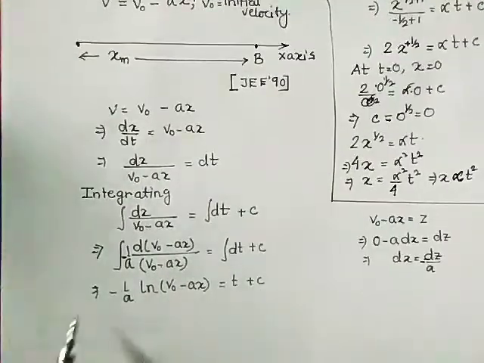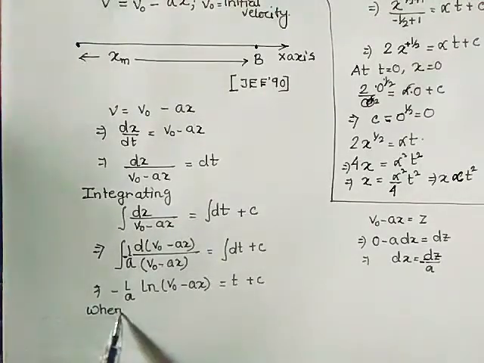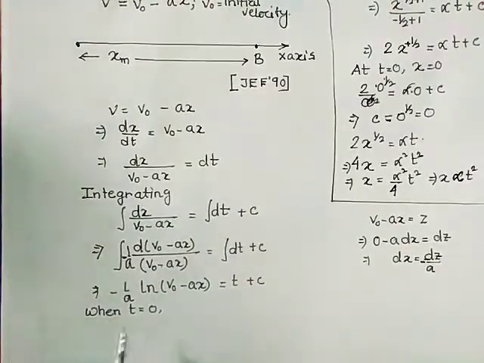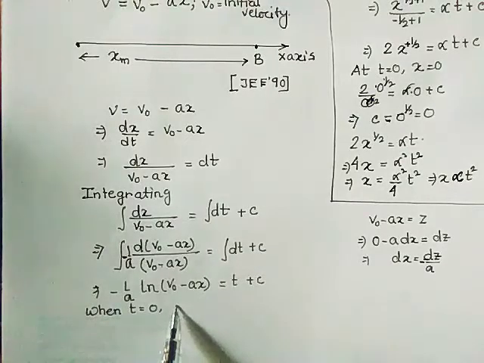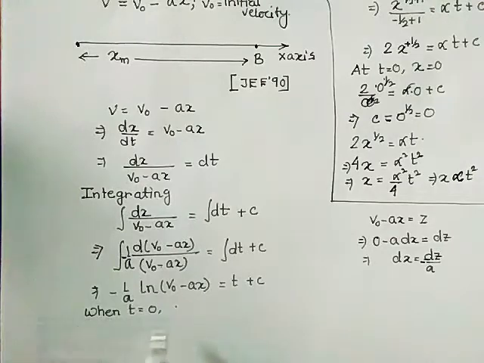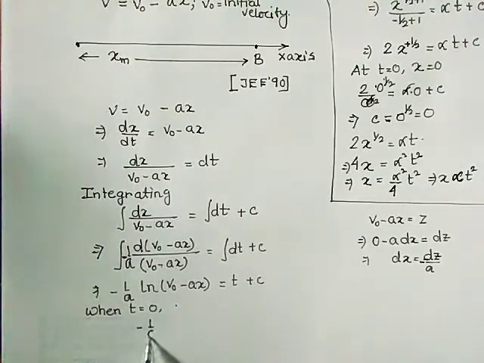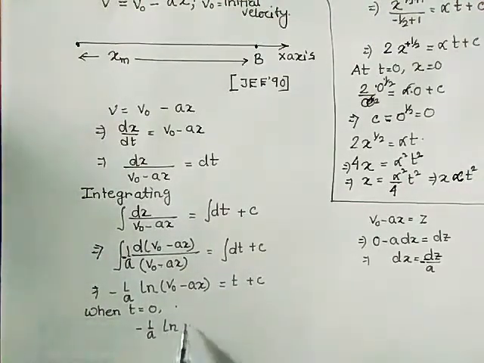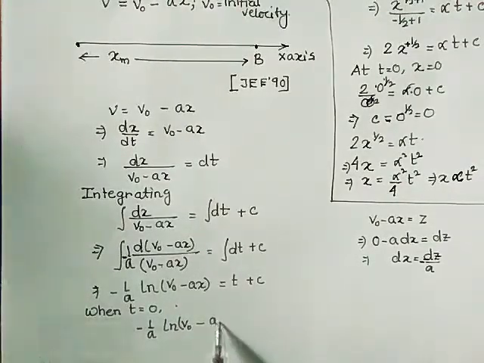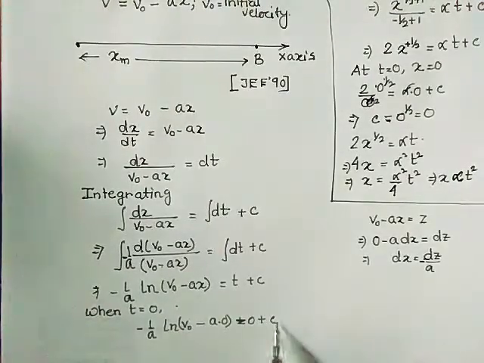Okay, when t equal to 0, that is initially, then the velocity is v naught. If I put t equal to 0, then it becomes minus 1 by a ln v naught, with x being 0 and t being 0, plus c.